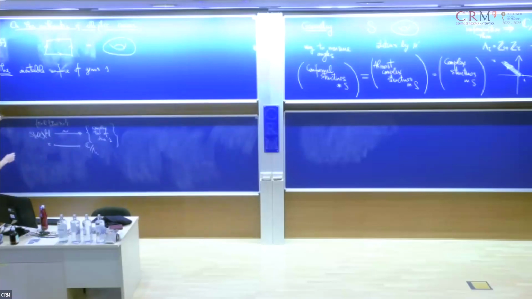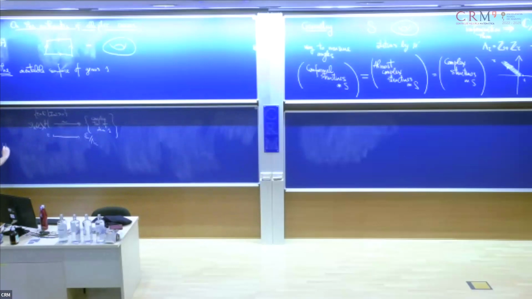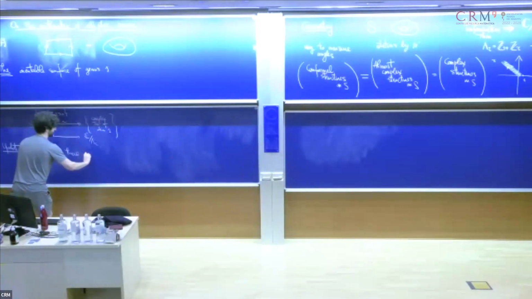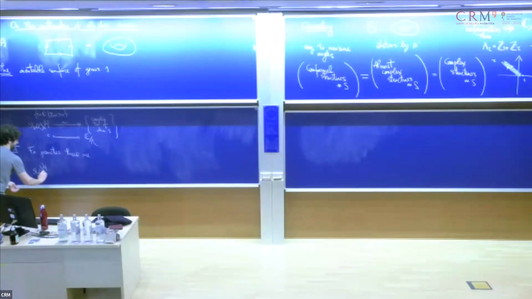And the upshot, I guess, is that for geometers there are this many, which you can think of as a sphere minus 1 point, complex tori of dimension 1.